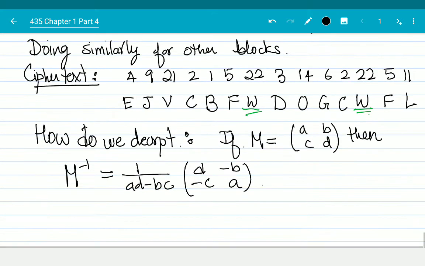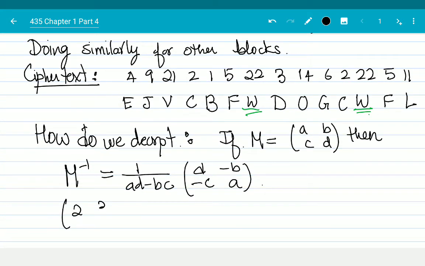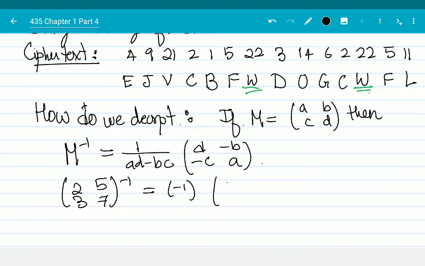So in this case, the inverse of 2, 5, 3, 7 is equal to -1, 7, minus 5, minus 3, 2, which is equal to 19, 5, 3, 24.